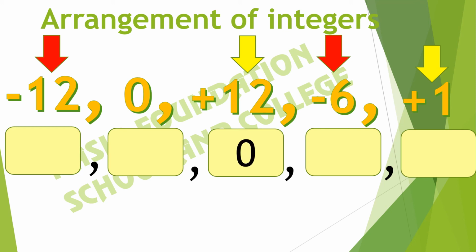We will arrange them from smallest to greatest. If we start from 0, which two numbers are greater than 0? Plus 1 and plus 12. Which one will we write after 0, plus 1 or plus 12? On the number line, plus 1 comes before plus 12. So we write plus 1 and then plus 12.